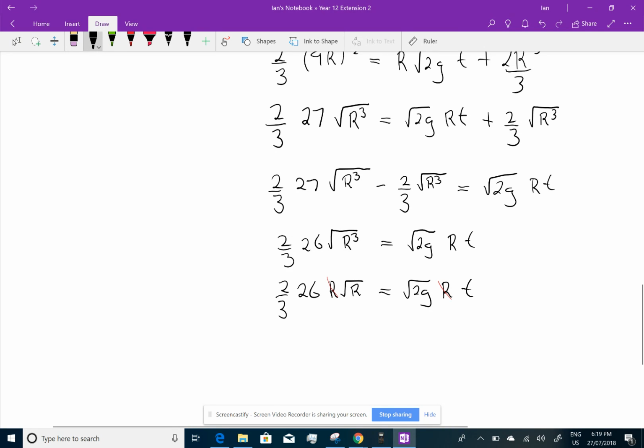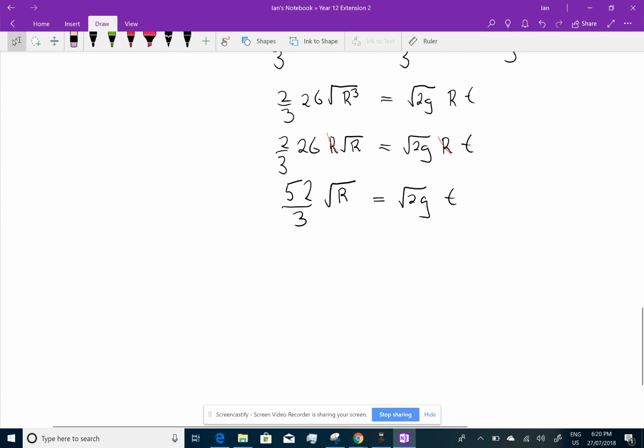And we'll multiply the 26 on 2. So we get 52 on 3 root r equals root 2gt.